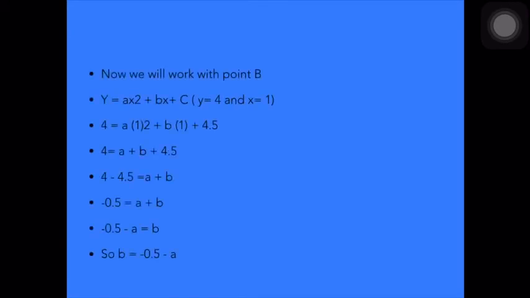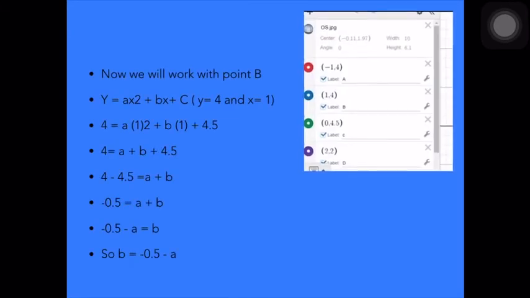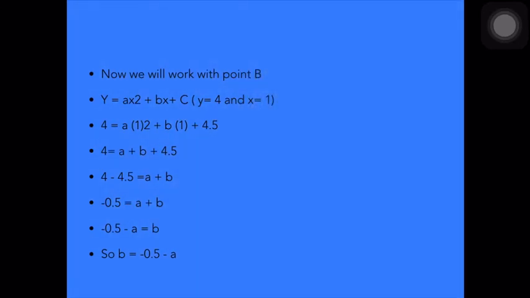So right now we're going to be working with point B, and we're going to isolate b in the equation to work with. So our first thing, the equation is y equals ax squared plus bx plus c. And as you can see on the right picture, there's a label stating that point B is (1, 4), which means that y equals 4 and x equals 1.